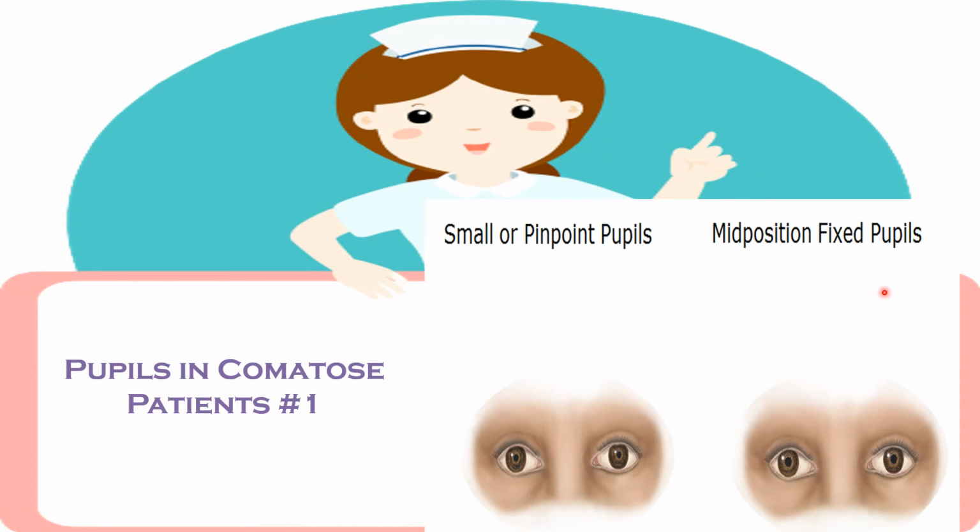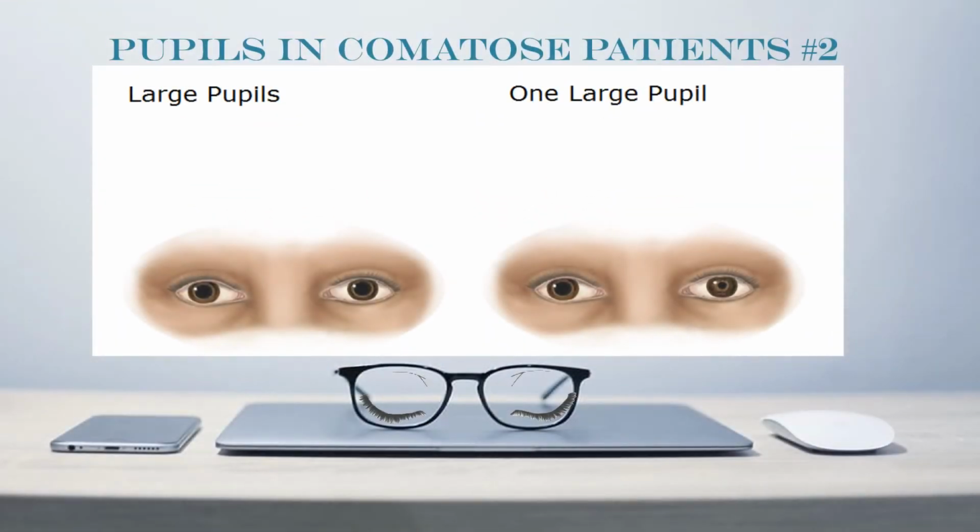For mid-position fixed pupils, the pupils that are in mid-position or slightly dilated, with a size between 4 to 6 millimeters and fixed to light, suggest structural damage in the midbrain. Bilaterally fixed and dilated large pupils may be due to severe anoxia, as seen after cardiac arrest.